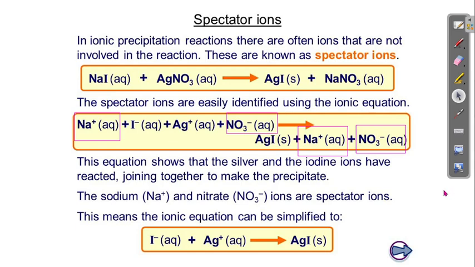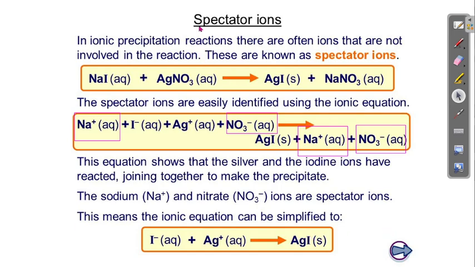Well, the sodium and the nitrate ion are spectator ions. They did not participate in the reaction. They were there at the beginning and they are dissolved in water at the end. So basically you can simplify this reaction as the iodine ion got together with the silver ion to make this silver iodine. Okay? Solid precipitate.